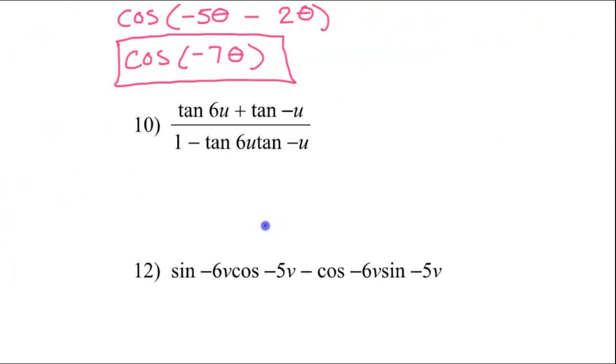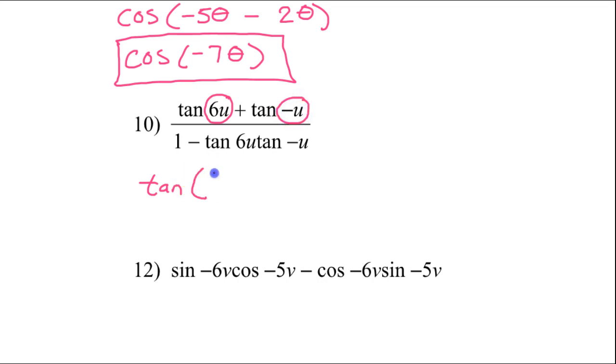Okay, similarly, here, same situation, but this time I see a plus. So this time it's going to be tangent angle plus angle. And here's the first angle, and here is the second angle.